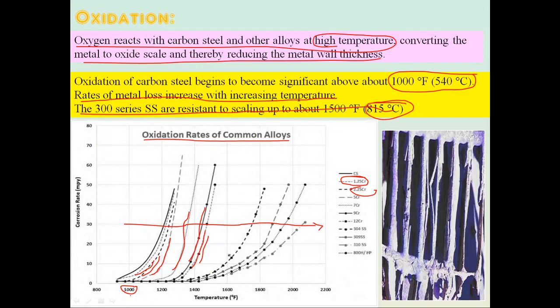Then comes 304 SS, then 309, 310, then 800 ST, then further alloys. And here are the corrosion rates, you can see MPY, 10 MPY, 20 MPY. Basically, as temperature increases, the corrosion rate increases.